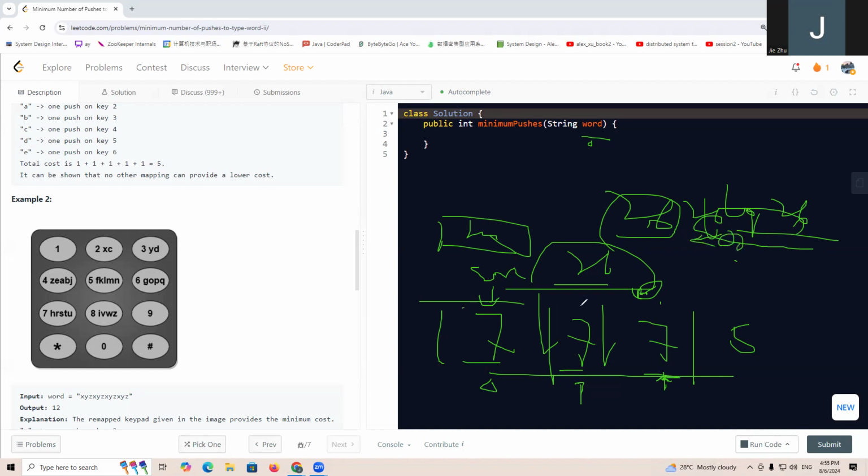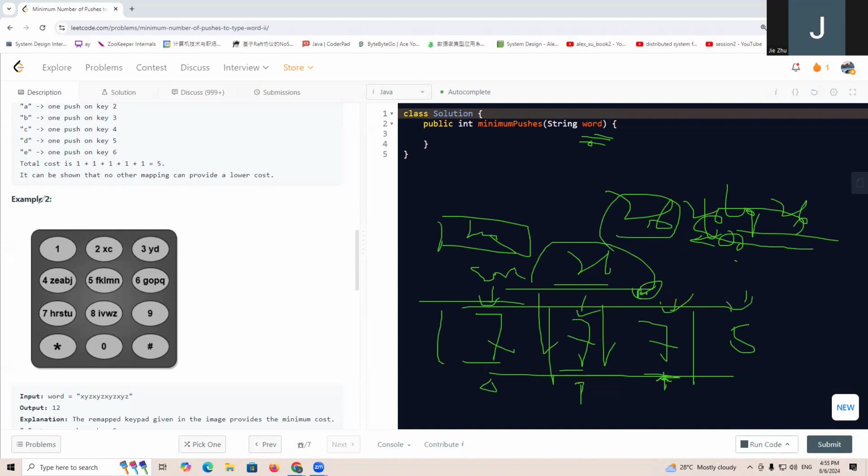So we just sort, and then the top 7 most frequent characters take one push, 8 to 14 take two pushes, 15 to 21 take three pushes, and the rest take four pushes.